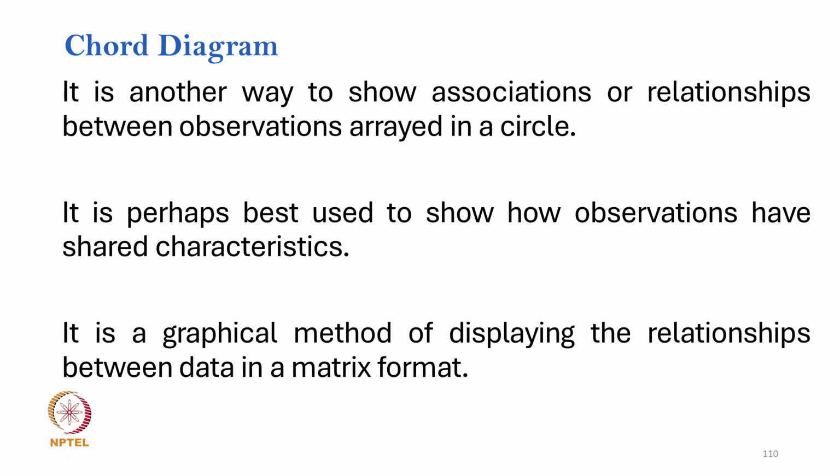Chord diagrams. The chord diagram is another way to show the association or relationship between observations arrayed in a circle. It is perhaps best used to show how observations share statistics. It is a graphical method of displaying a relationship between the data in a matrix format.